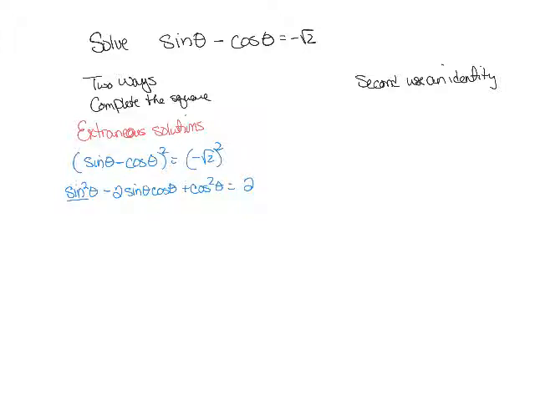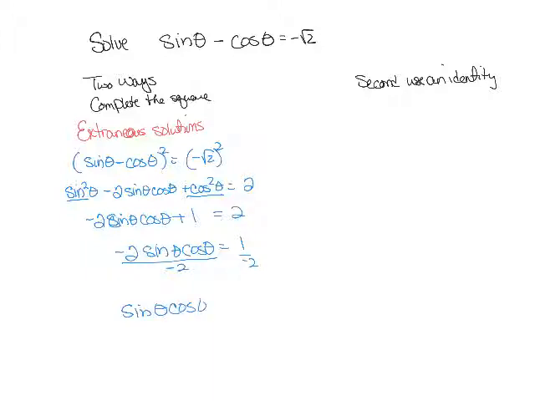We know that sine squared theta plus cosine squared theta is 1. So we have negative 2 sine theta cosine theta plus 1 equals 2. And if I subtract that over, I get negative 2 sine theta cosine theta equals 2 minus 1, which is 1. Divide both sides by negative 2. And I get sine theta cosine theta equals negative 1/2.